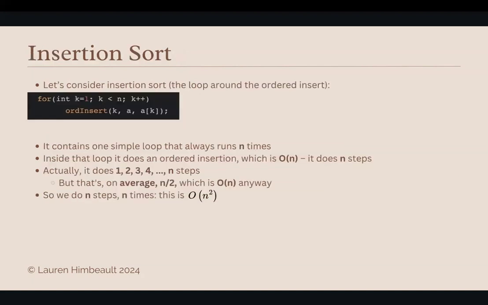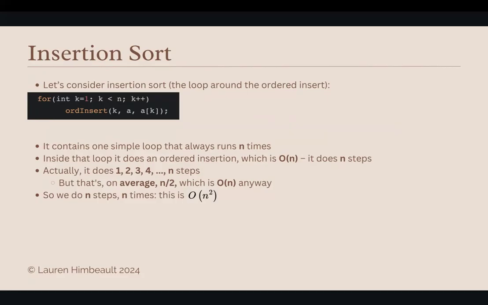Now, when we look at our insertion sort, here's basically the code. We're saying for every element of our array, do an ordered insert into the sorted portion of the array, right? This should be old news for us at this point. So this is the basic pseudocode for an insertion sort. It just has an extra loop that will run n times from 1 to n.